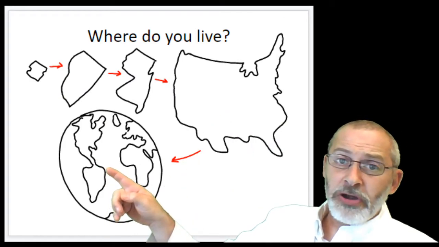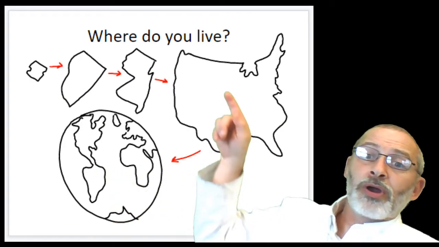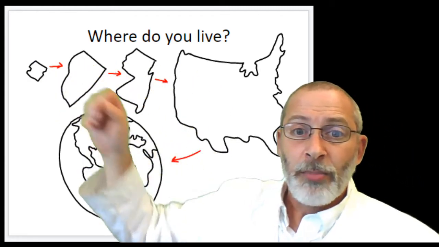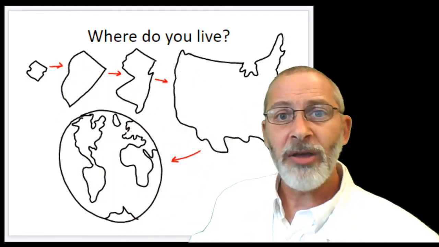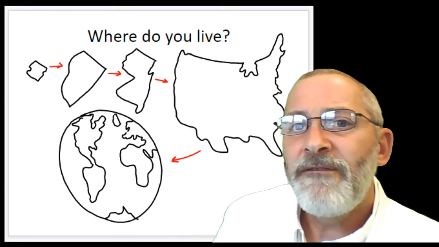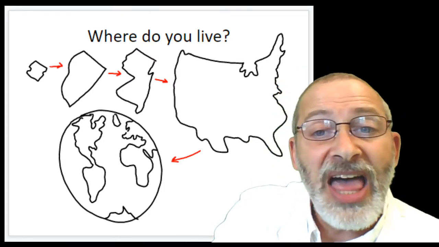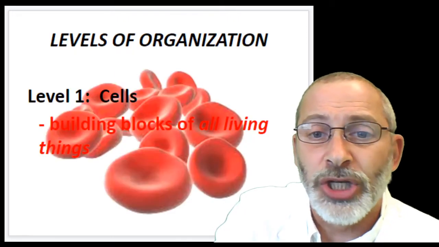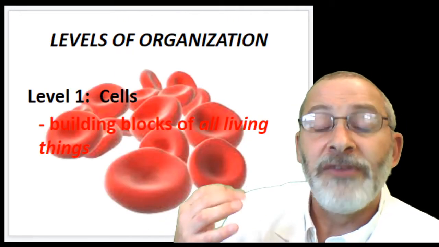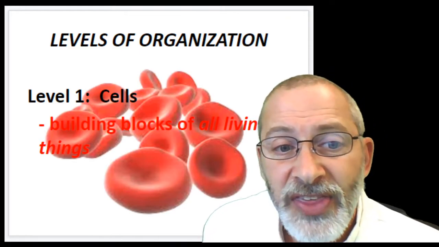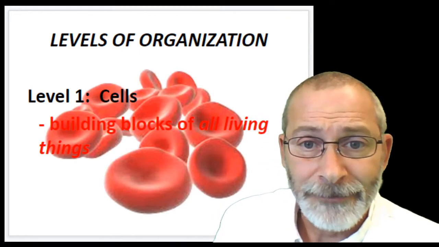We could go in reverse and start with Earth and work our way backward. But in both cases, you're talking about different levels of organization. And these levels of organization are involved with living things as well.